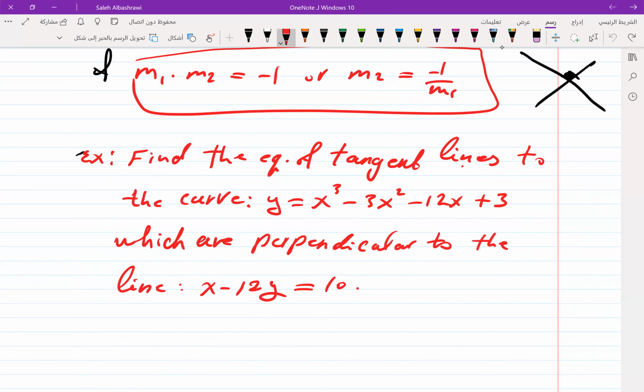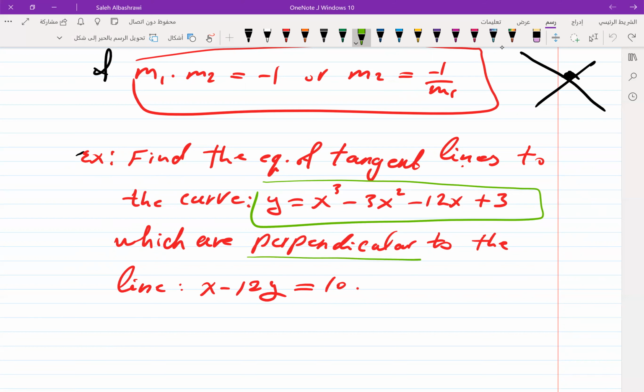We need to find the equation of the tangent lines to the curve y equal to x to the power 3 minus 3x squared minus 12x. Now say this is the curve, and the tangent line must be perpendicular to the line x minus 12y equal to 10. And you know that to find the equation of a line, we must have two things: the slope of the line and a point.